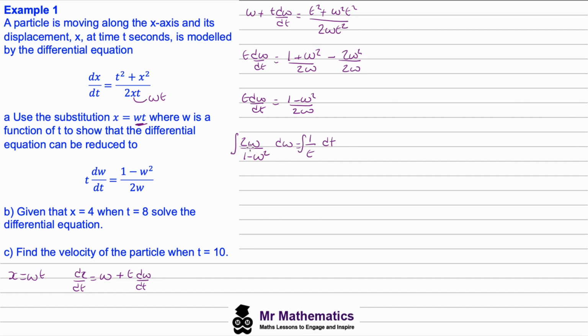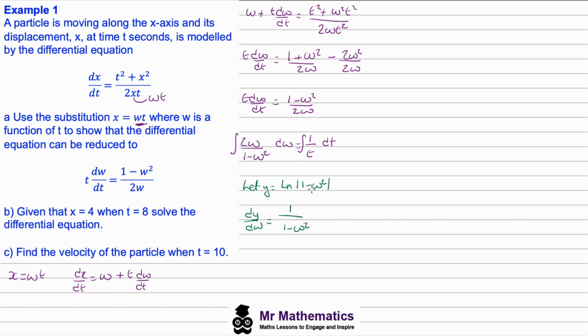So to integrate 2w over 1 minus w squared dw, I need to use the reverse chain rule, because you can see, if we differentiate w squared, we get 2w. So if we let y equal the natural log of 1 minus w squared, and then we found dy by dw, well, this will be 1 over 1 minus w squared, and this is what we want.